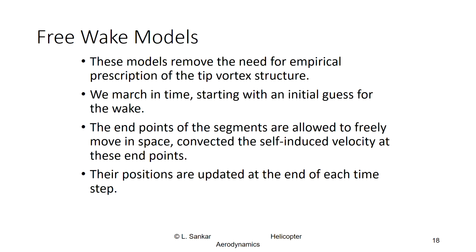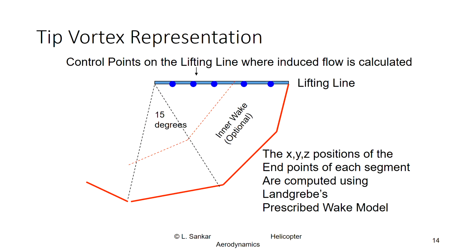How about free wake models? In a free wake model, you initially start with a prescribed wake model. Then at each time step, you compute the induced velocity at these interface points where the line segments break, at 15 degrees, 30 degrees, and so forth. Then you move the vortex based on the velocity.